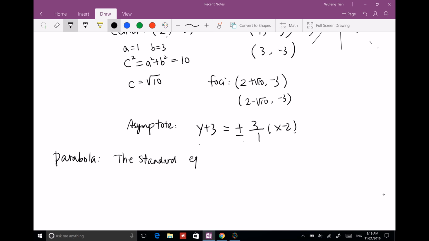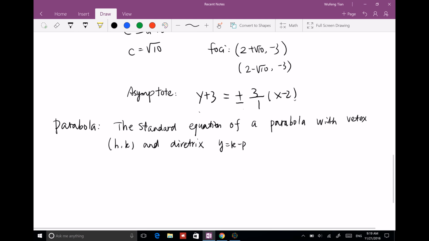The standard equation of a parabola with vertex (h, k) and the directrix y equals k minus p is (x minus h) squared equals 4p(y minus k).